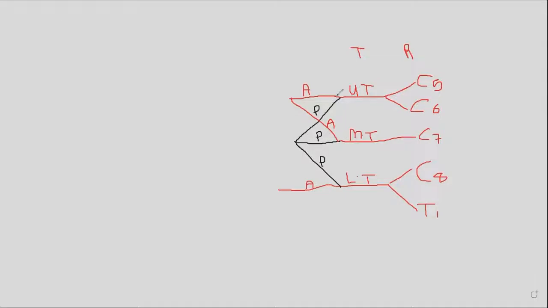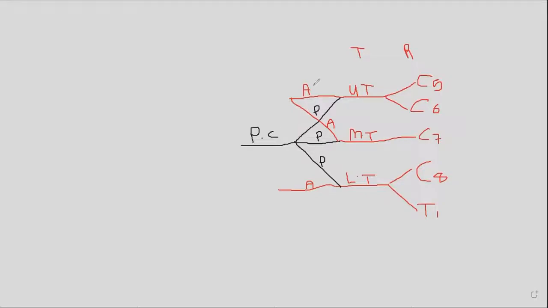The posterior division of the upper trunk will join the posterior division of the middle trunk, and the posterior division of the lower trunk will also join those two posterior divisions to form what is known as the posterior cord.